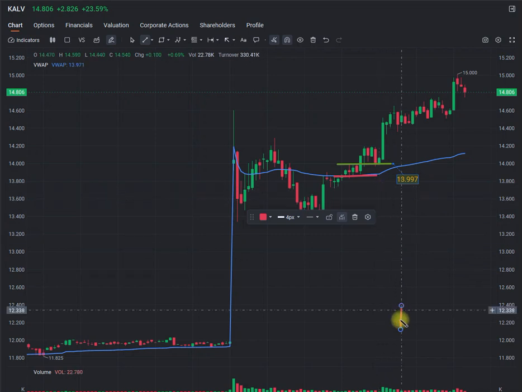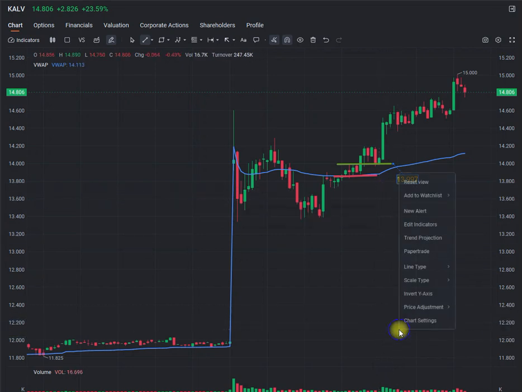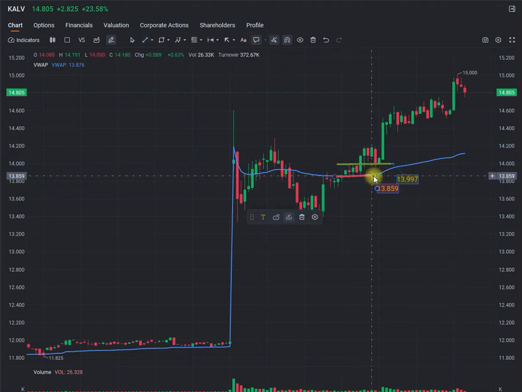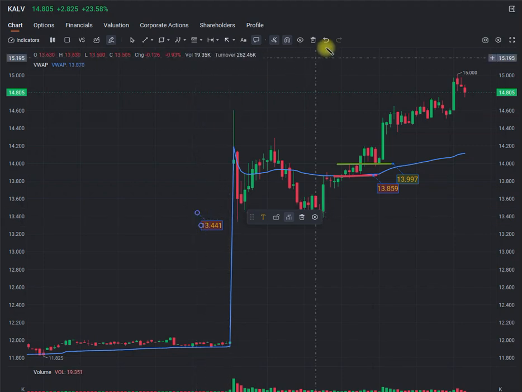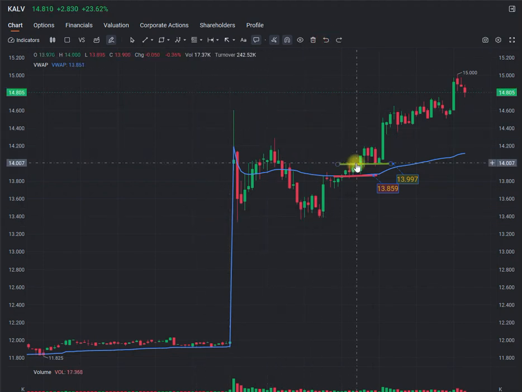And again, hold on a second. Let me draw it. Okay, here it is. So now what we're seeing here is a potential trade over 14 out of the list. Very, very easy to figure out.